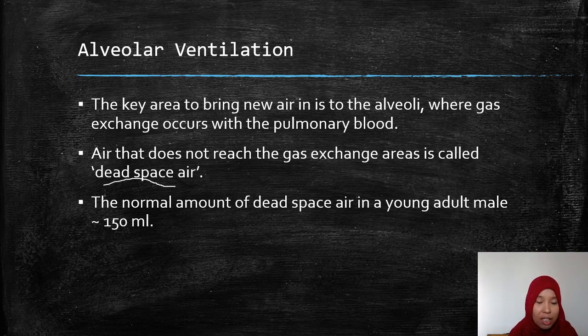It could be used for gas exchange, but because there's a blockage, for example, there is no gas exchange. So that becomes physiologic dead space. And normally the amount of that space in a normal healthy adult is about 150 mL.